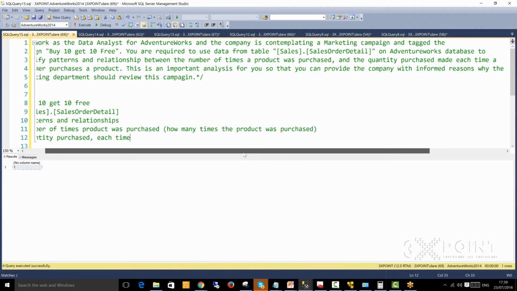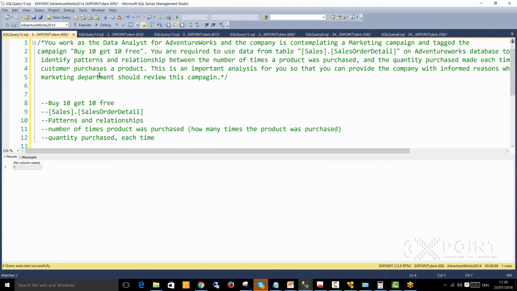Quantity purchased each time a customer purchases a product. So it's actually a relationship between quantity purchased, time, and product.